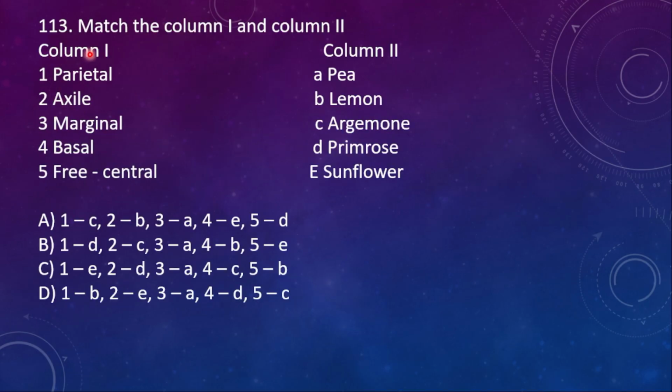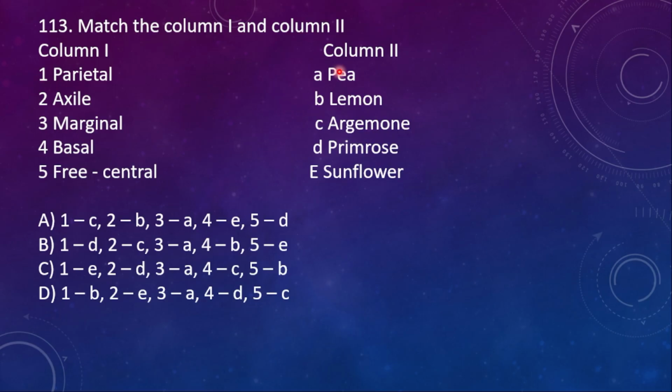113. Match the column 1 with column 2. Here column 1, parietal, axile, marginal, basal and free central. All the placentation types are given and then example is also given. Parietal example is argemone, axile example is lemon.